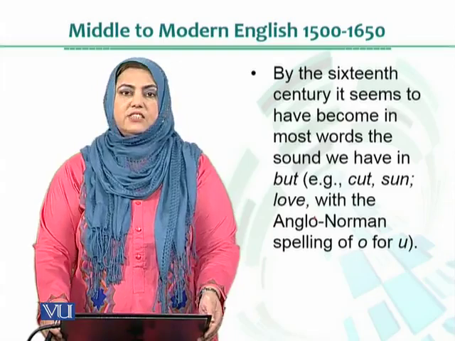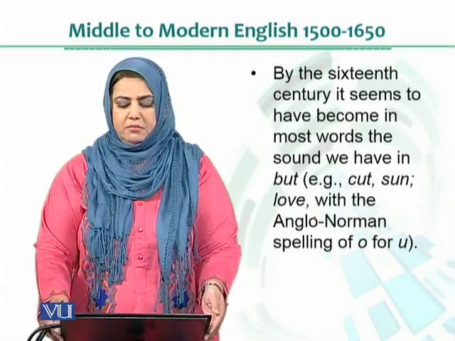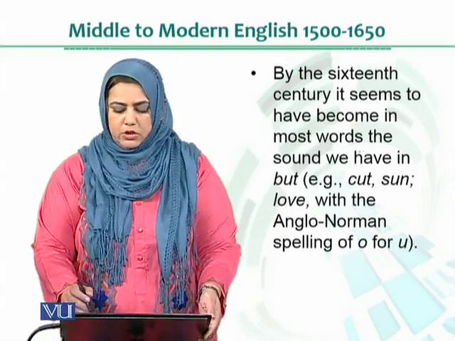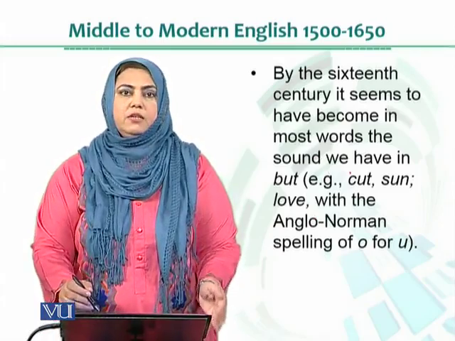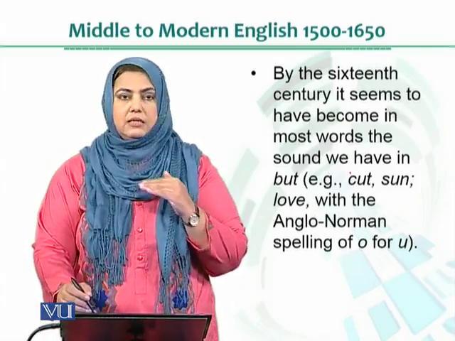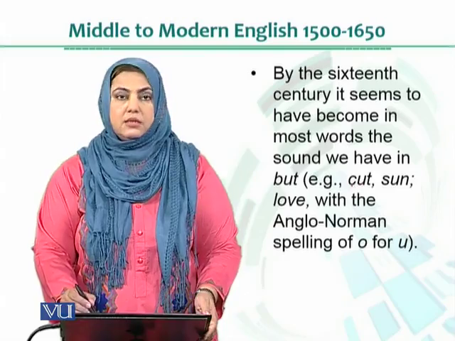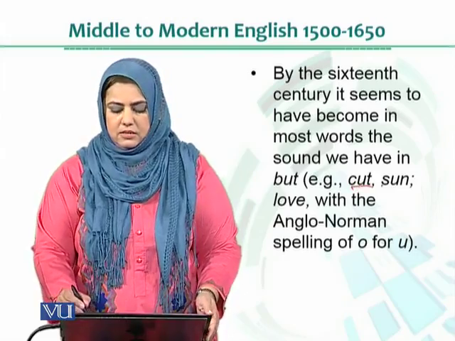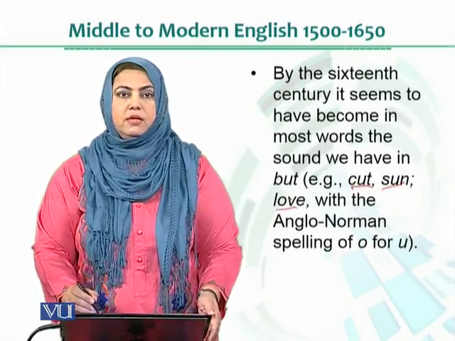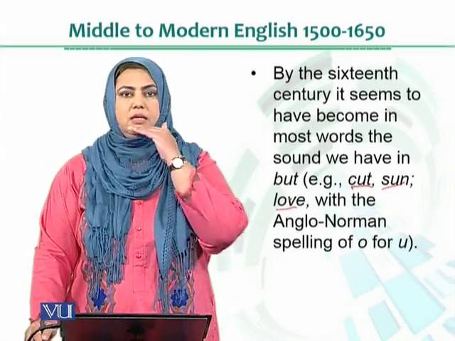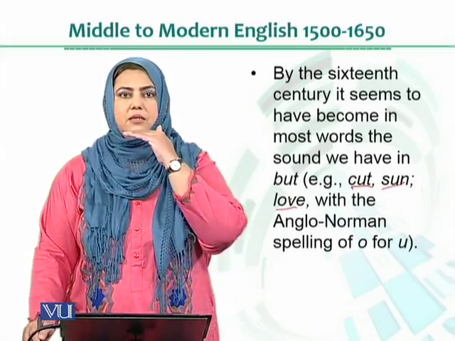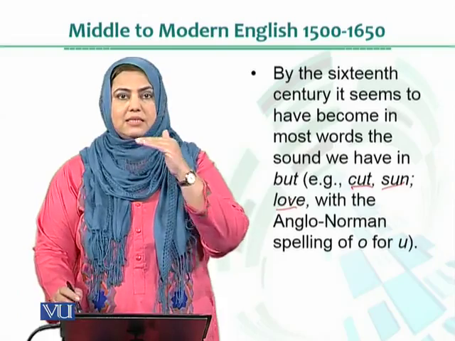By the 16th century, it seems to have become, in most words, a sound that we have, not oo, rather uh. For example, cut, sun, love. So everywhere it is pronounced here. Cut, but, sun.